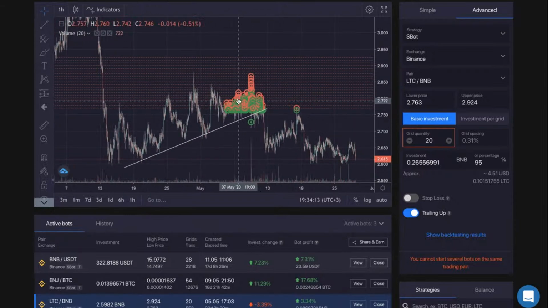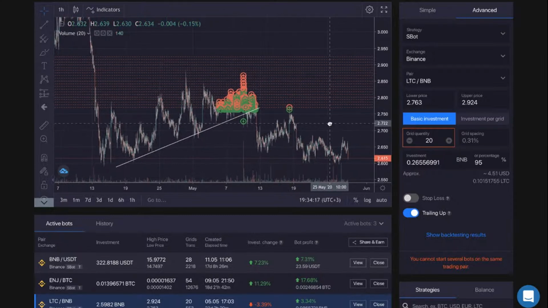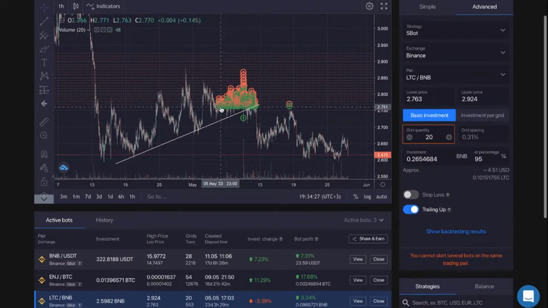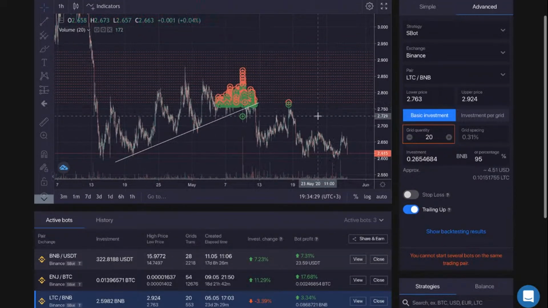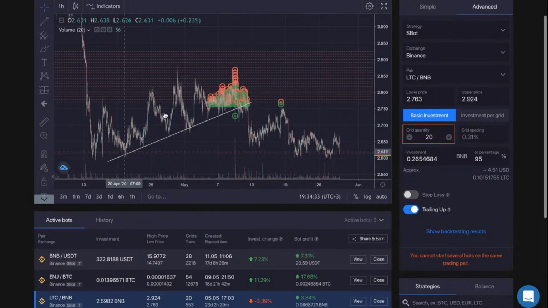But what happened is that it managed to break the support level and go even further downwards, right to the very bottom of the price, and I got stuck with all of my trades here because I didn't have a wider trading zone to capture all of the price action.